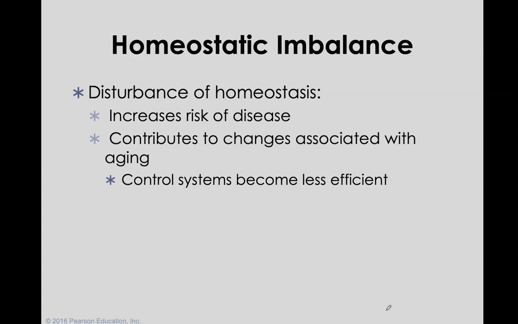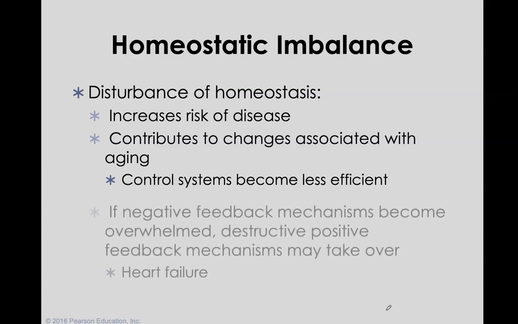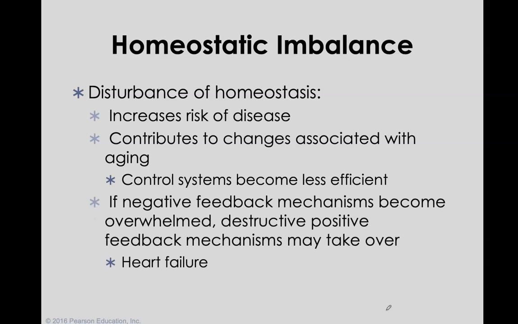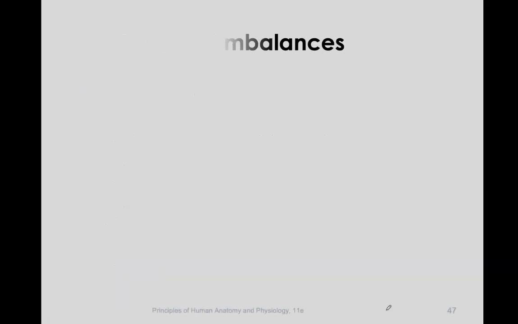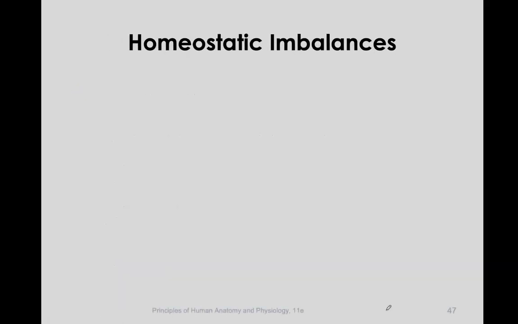It also is part of what contributes to our changes associated with aging, because our control systems become less efficient at maintaining homeostasis as we get older. If negative feedback mechanisms become too overwhelmed, then destructive positive feedback mechanisms can take over. And so this can lead to things like heart failure, as we have too many destructive positive feedback systems take over.